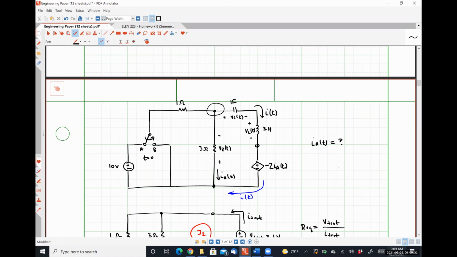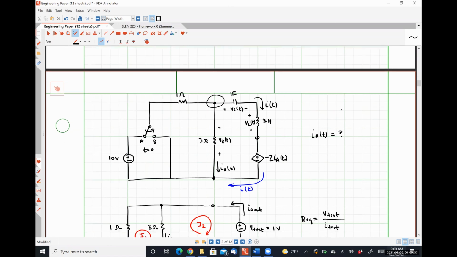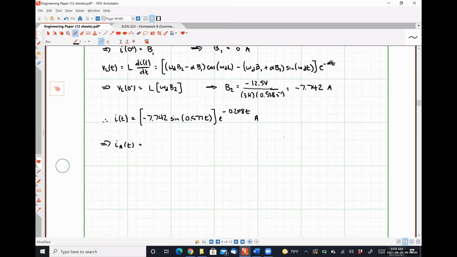But also I can see that IA is flowing in the opposite direction of what I should expect to see using current division. So with that in mind, IA is going to be negative IT multiplied by 1/3 over 1/1 plus 1/3, which, let's see, is going to be 1/4.